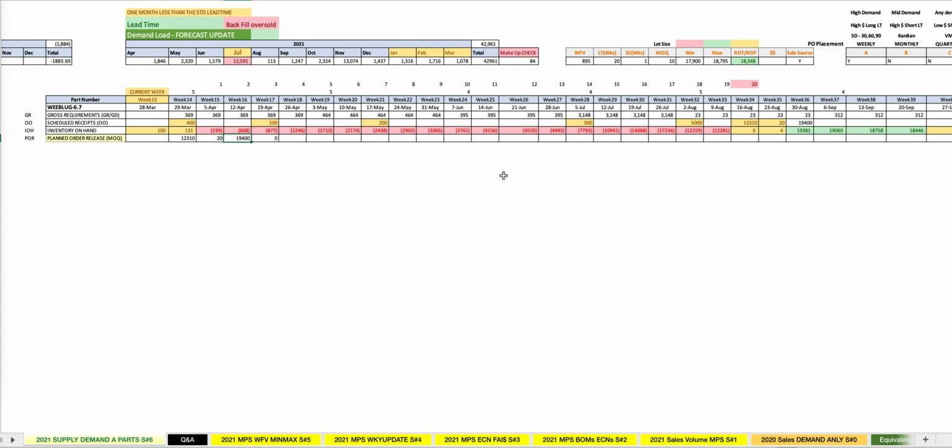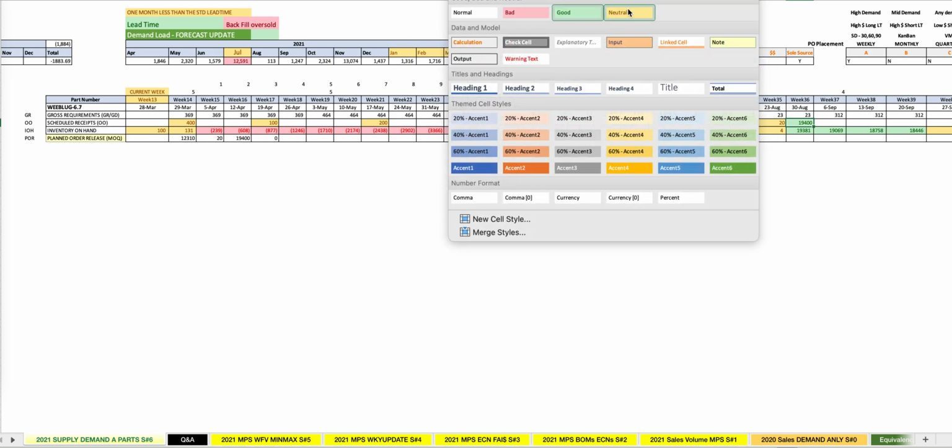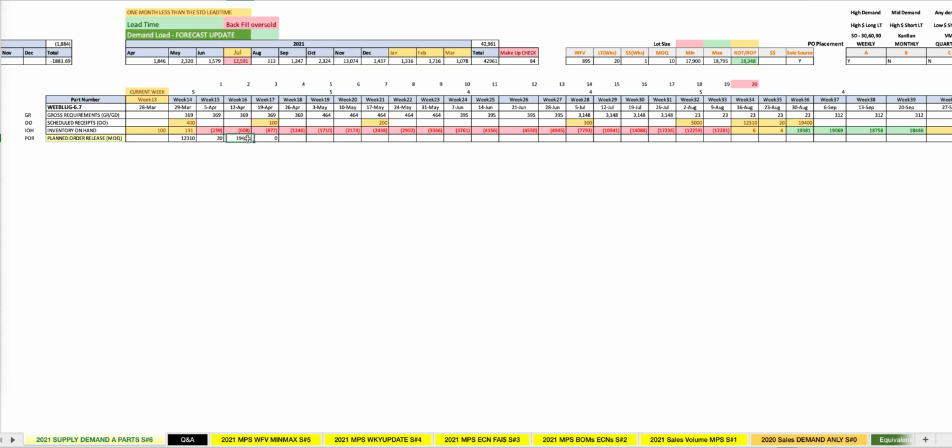So my recommendation is that you don't go ahead and place it all at once. I just did that for teaching purposes, but normally you are better off dividing these orders into lower quantities.